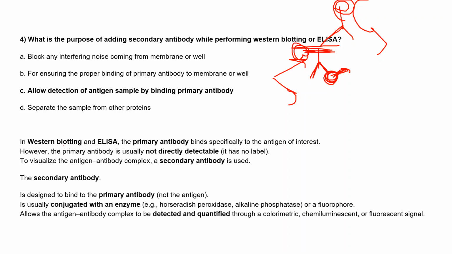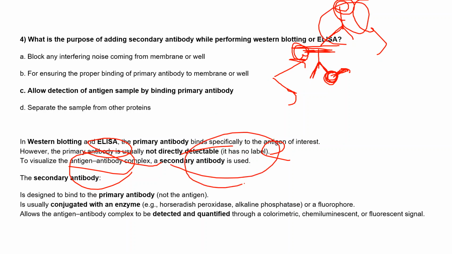So mostly the primary antibody is not directly detectable because it doesn't have any label. In the case of direct ELISA, we use an antibody which has a direct label, so we can see it and we don't need any secondary antibody. But to visualize the antigen antibody complex, we need one more antibody, called the secondary antibody.